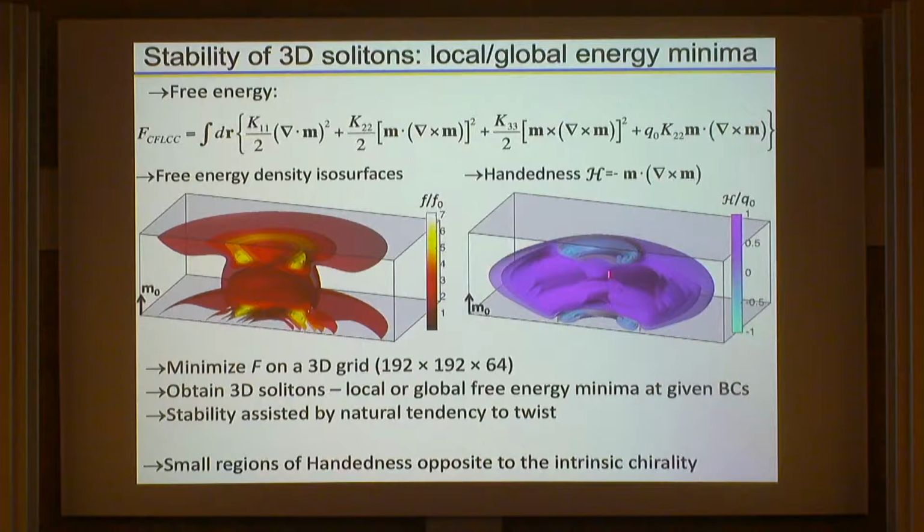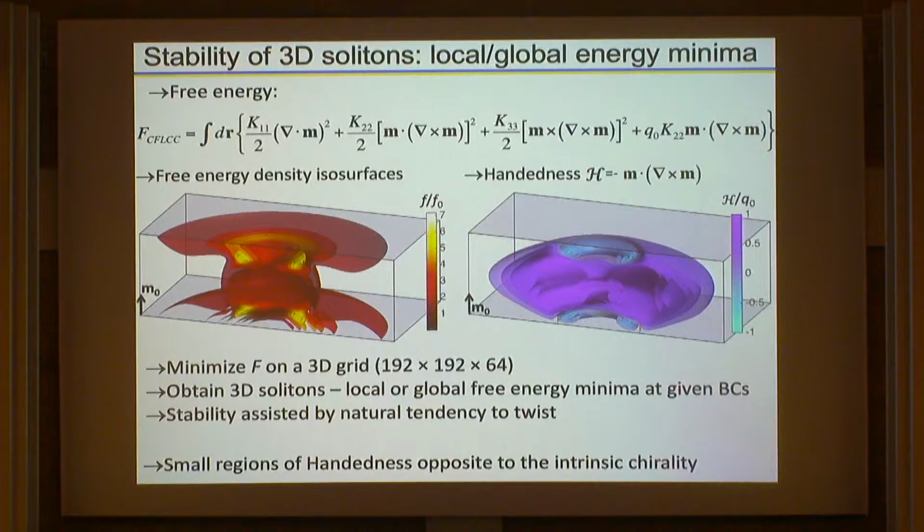But there are also regions at the top and bottom where handedness is of the opposite type. The reason for the presence of these small opposite handedness regions is that in order to embed the large volume of proper handedness of twist, we need to have these kind of sacrificial regions of opposite handedness in a certain location.